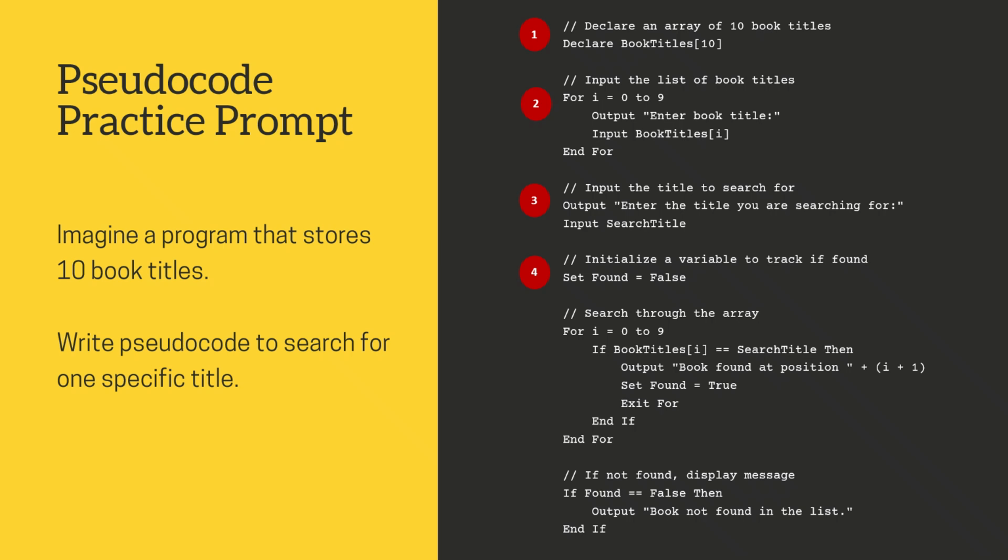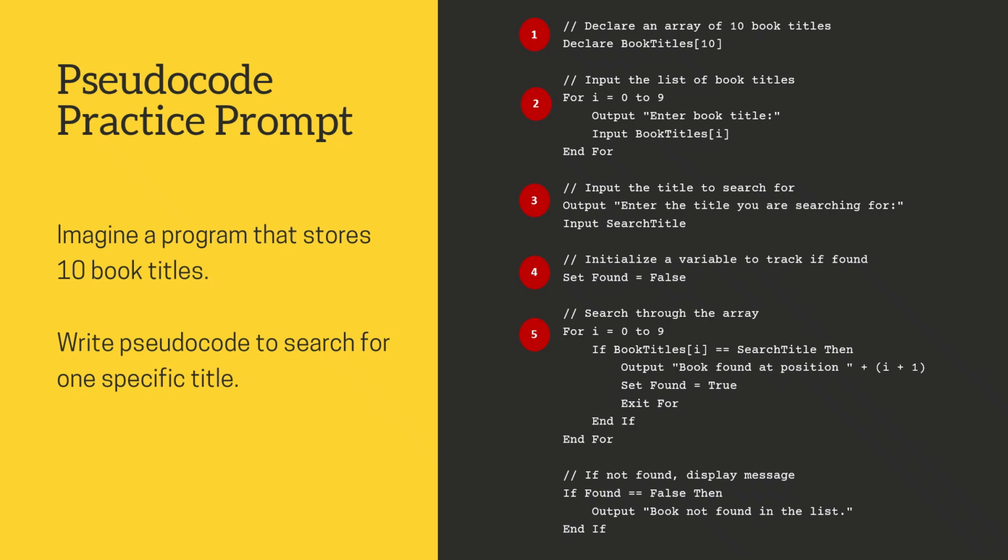Next, the pseudocode is going to use a variable called found, and set it initially to false at the start. This acts as our flag. It helps the program remember whether the book has been found or not. If the program finds a match, it'll change found to true, but if it doesn't, it's going to keep it at false.